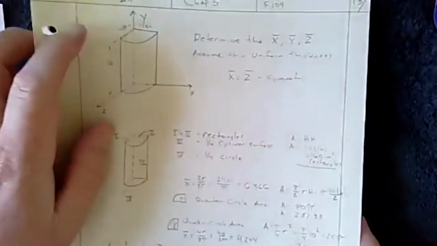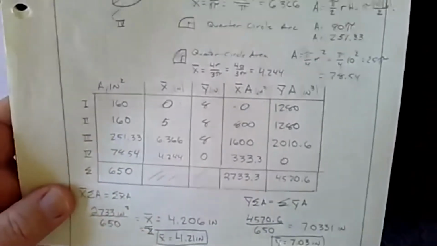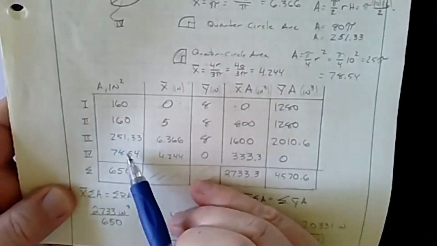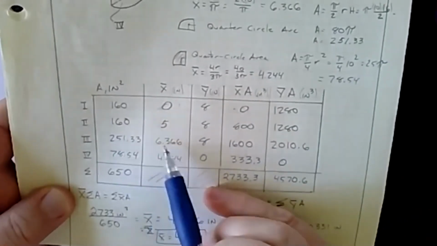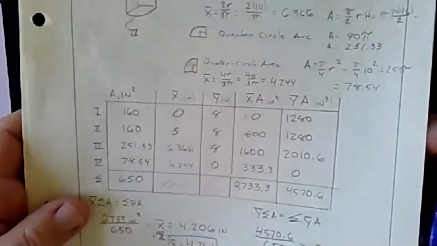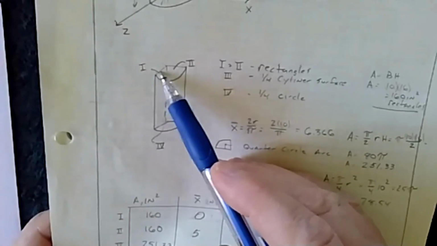So we come back here and we plug those in. So we have our areas, 251.33 and 78.54 for the respective parts. X bar, 6.366 and 4.244. So let's look at the X bar. So we know for 1, like I said, since it's here, it's 0.